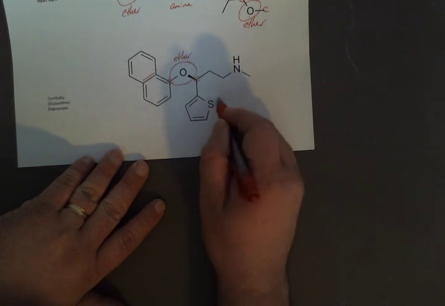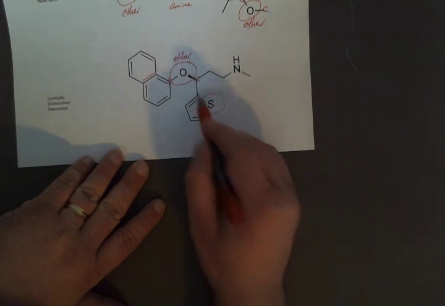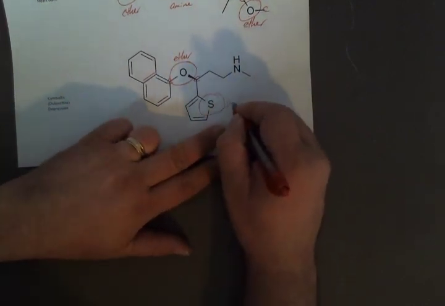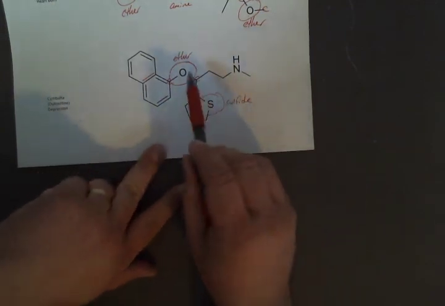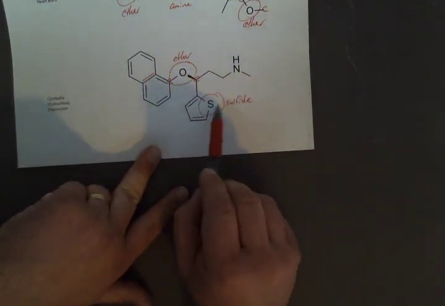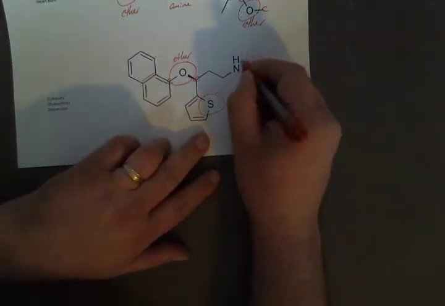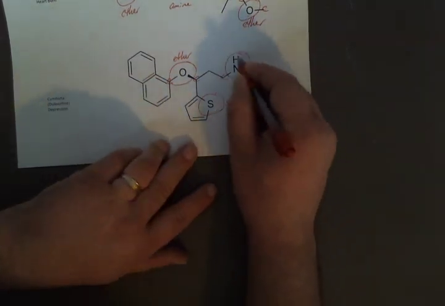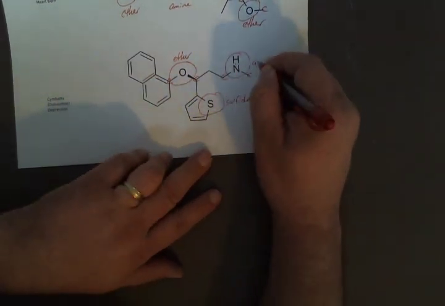This one right here, there's a sulfur with carbons on either side, so that makes this a sulfide, the sulfur version of an ether. And this one right here, there's just carbon, carbon, hydrogen, no C double bond O, so that's an amine. So Cymbalta. It's pretty easy, not a whole lot going on.